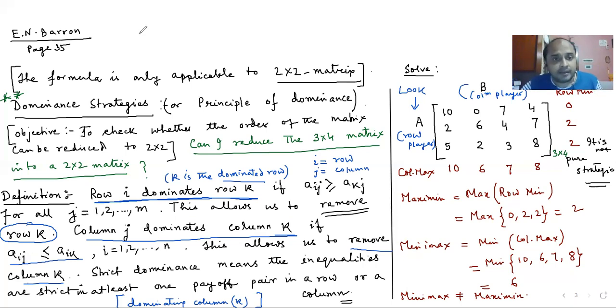Just remember this particular strategy if you are facing difficulties: dominated row is deleted. This is a trick I am trying to put in your minds, and dominating column is deleted.